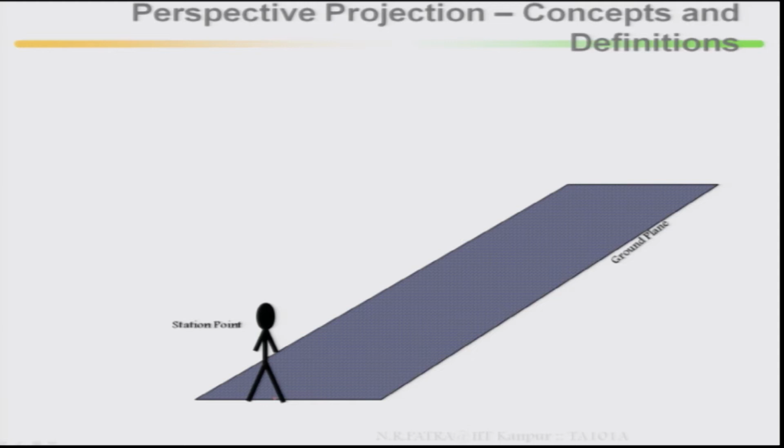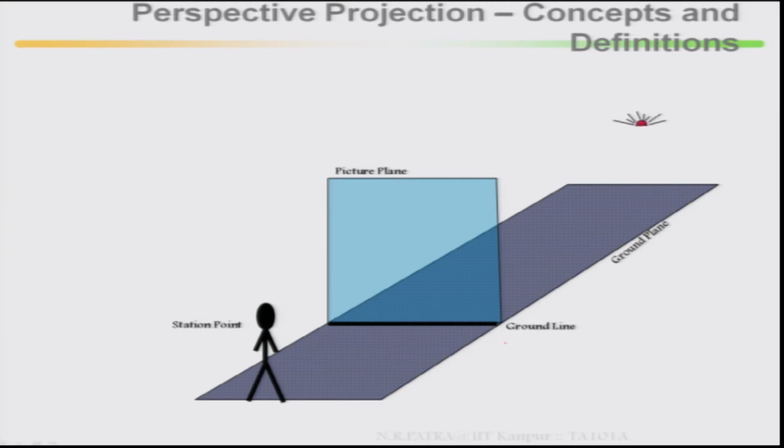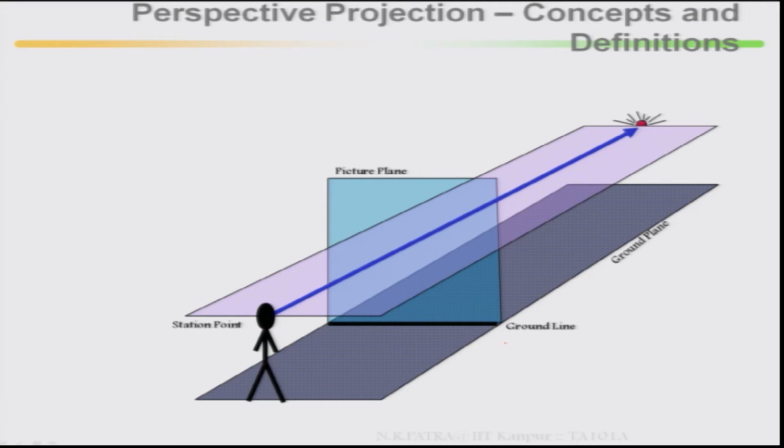This is your ground line. Then this is your picture plane. In this picture plane, where it meets your ground line, this has been marked. Then from the station point, this is the eye, where the ray of vision is going, that is classified as the horizontal plane.